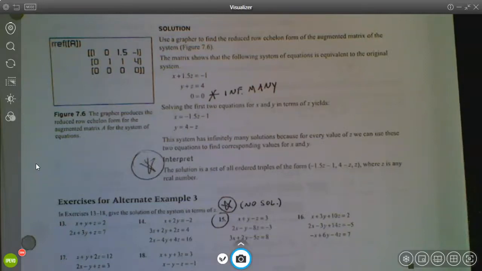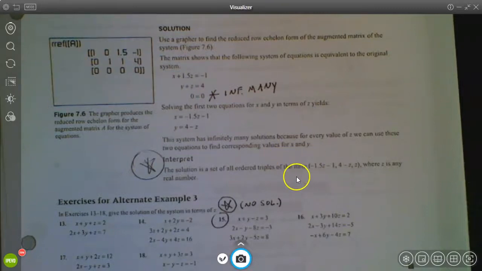So what they want us to say is, let's put it all in terms of z. This one represents my x's, this represents my y's, and this represents my z's. Because z is just z, we're putting all of this in terms of z. There are other ways you could write this, but we're putting all of these in terms of z.